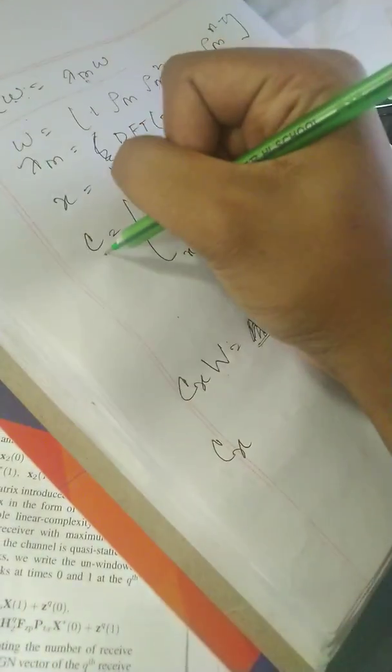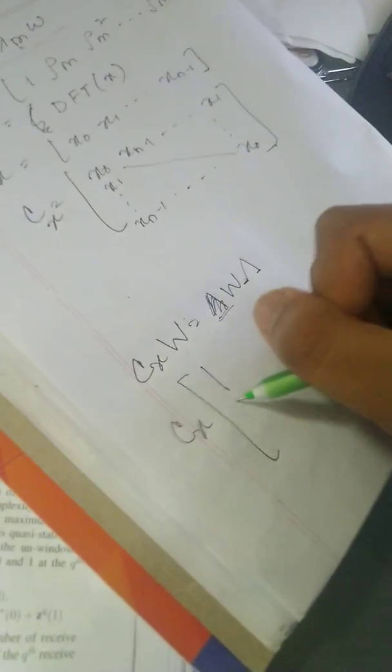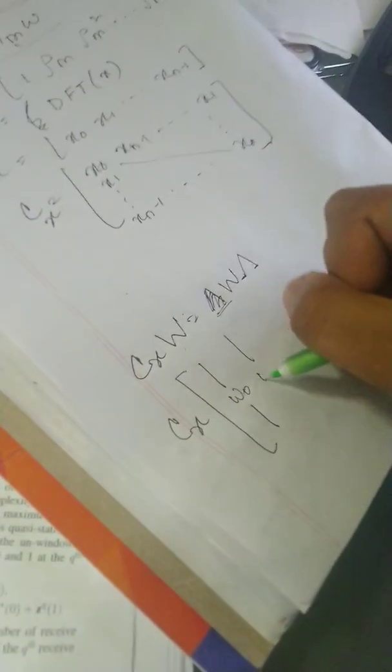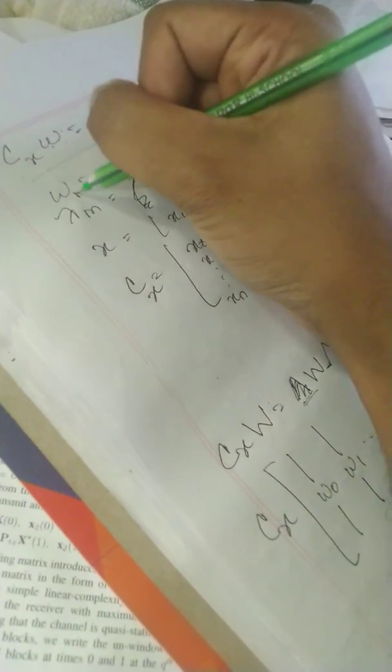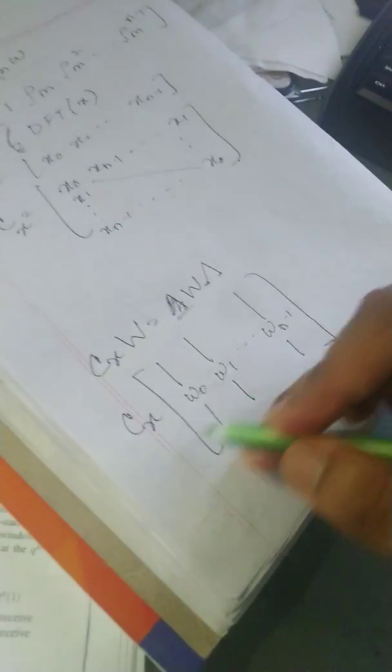So there's Cx, which is nothing but this. There will be a subscript x, and the columns of W are W0, W1, and so on and so forth, Wn minus 1. Here, using the subscript m, I have to put a Wm. So here are the eigenvectors in the columns.